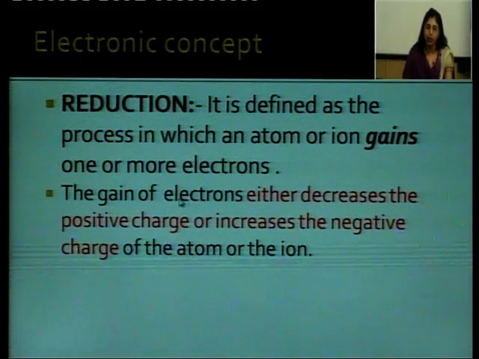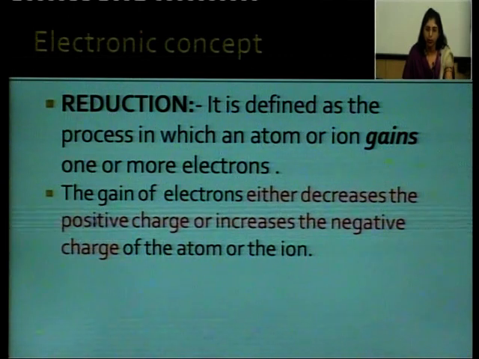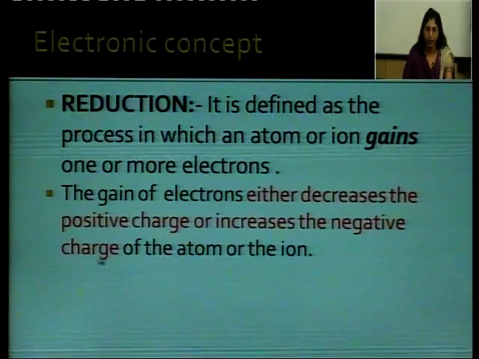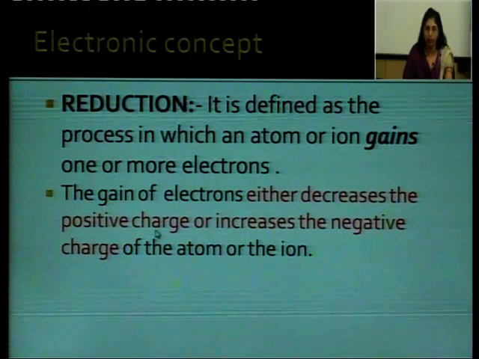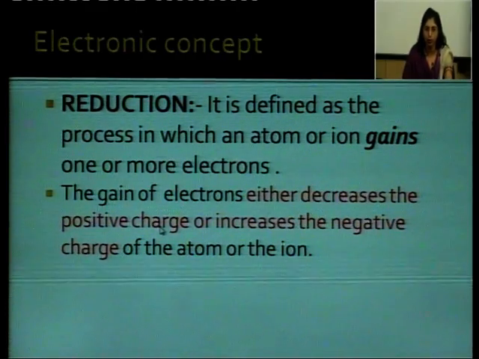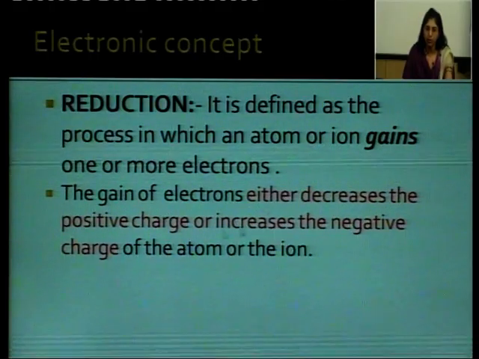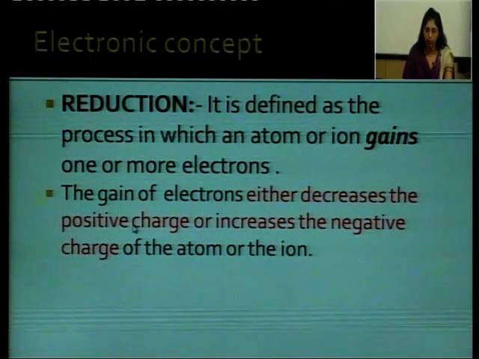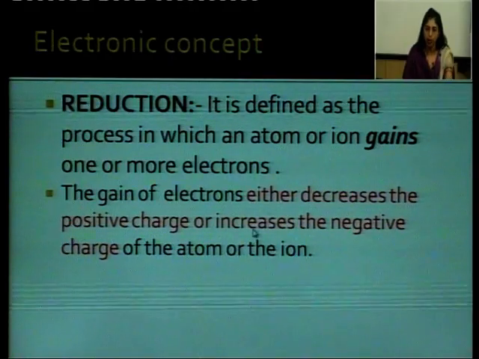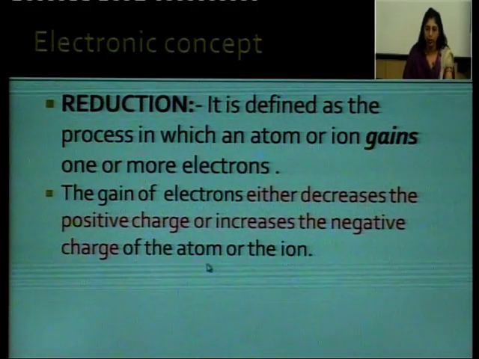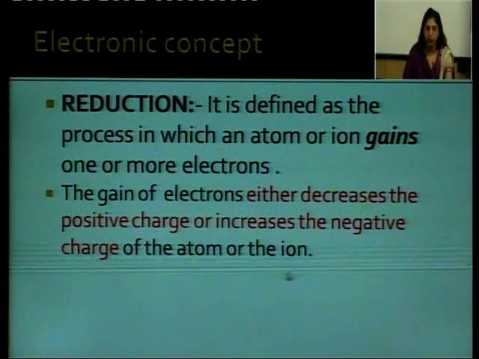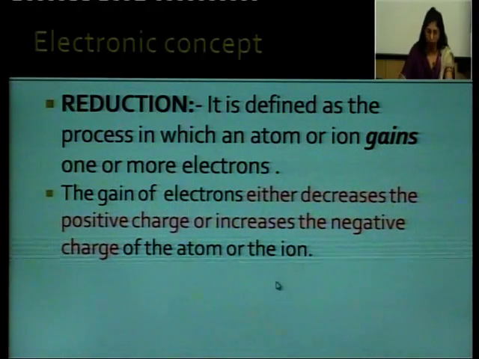The gain of electrons either decreases positive charge or increases negative charge. Again, this is the reverse of oxidation. After the process of reduction, either positive charge decreases or negative charge increases on the atom or ion which is undergoing reduction.